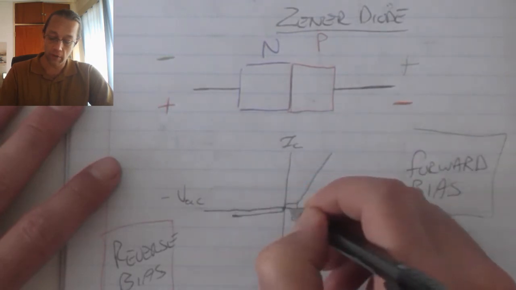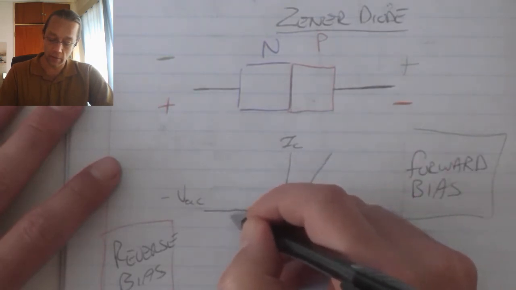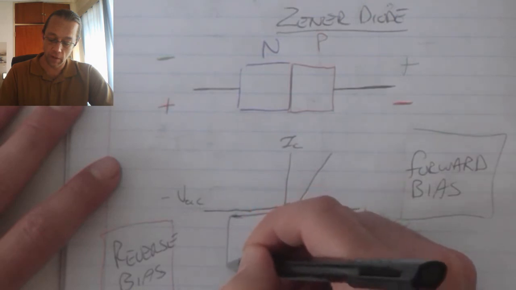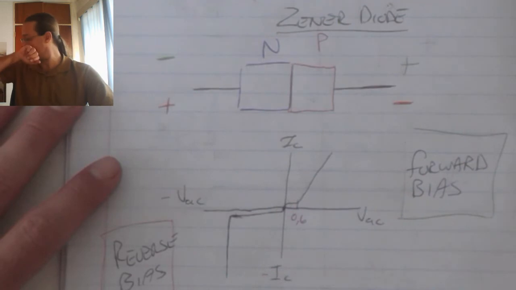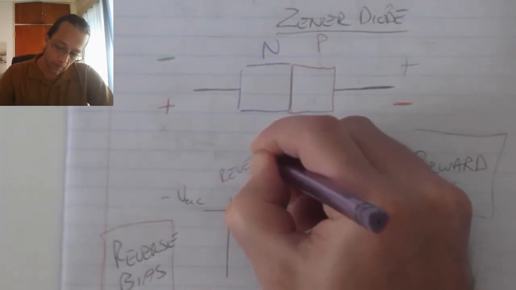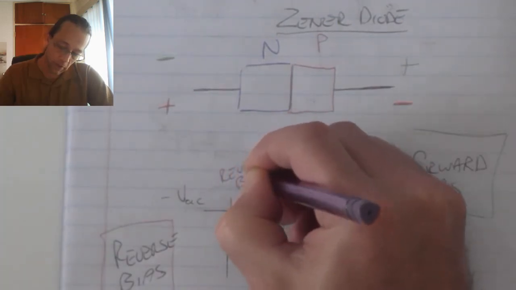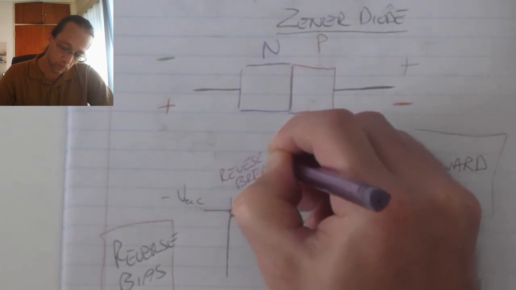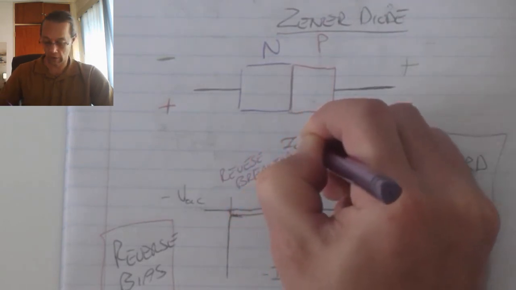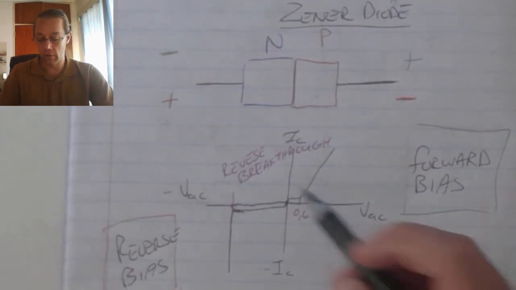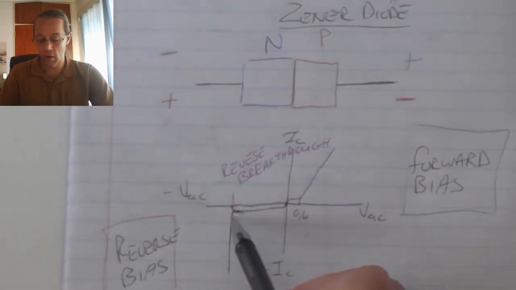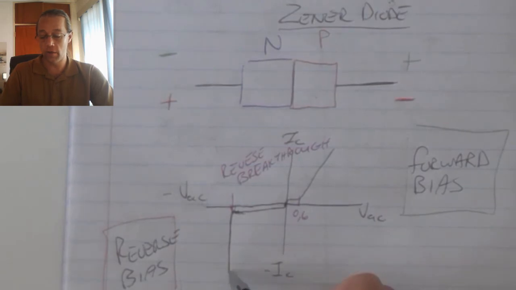Now additionally, when we get that breakthrough voltage, when we get to that reverse breakthrough level, we find with the Zener diode that the voltage there will remain constant.